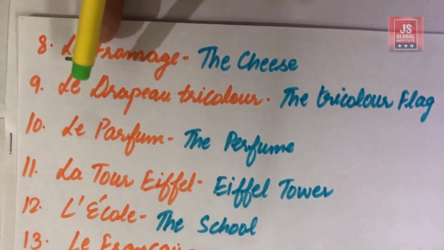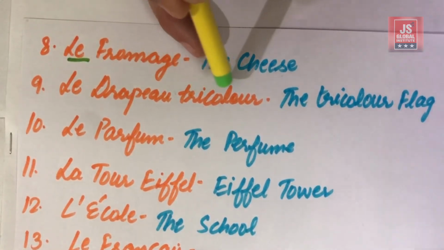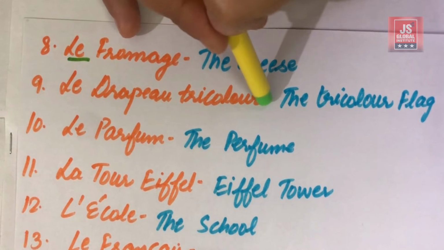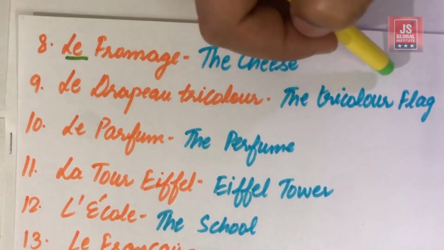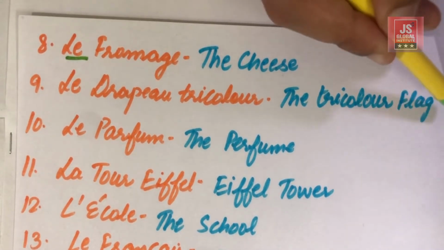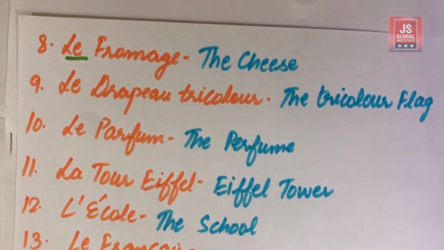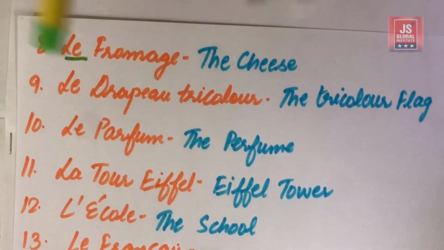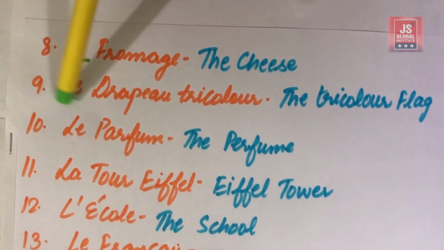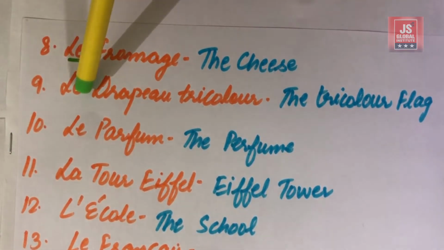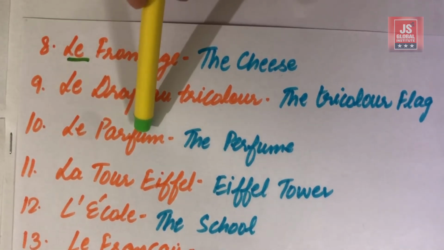Next is le drapeau tricolore. So what is this le drapeau tricolore? This is the tricolor flag of France, that is red, white and blue. This drapeau is masculine, so we used le here. And the next thing is le parfum.